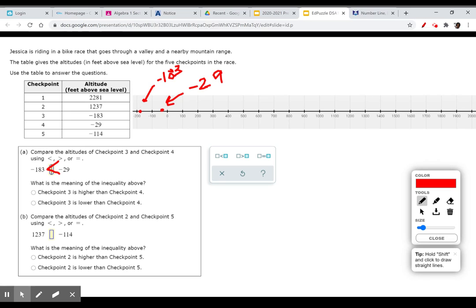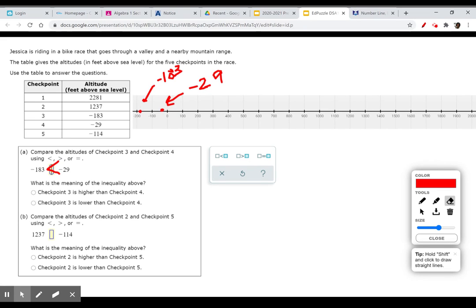Then it says, what is the meaning of the inequality above? Checkpoint 3 is higher than checkpoint 4? Yes, it is. Oh, no, it is not. So I got to reread stuff. This is checkpoint 4, negative 29.